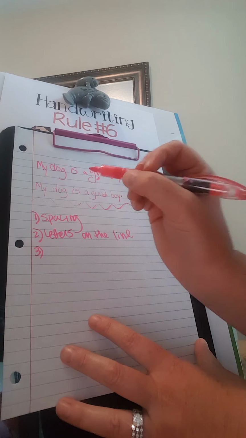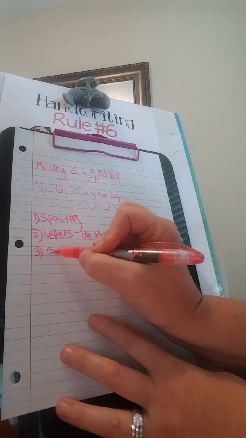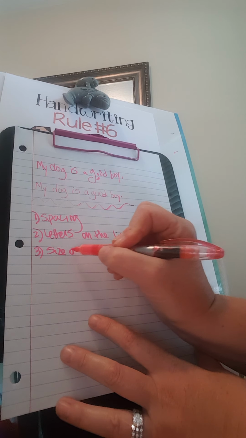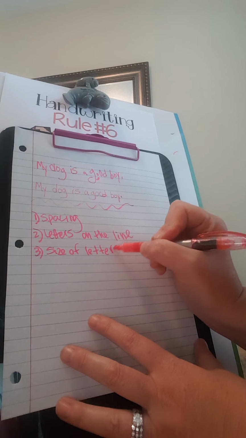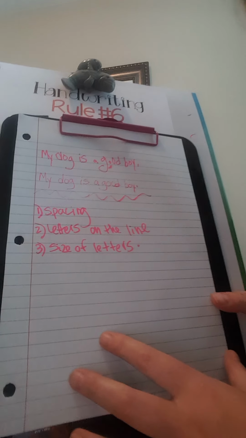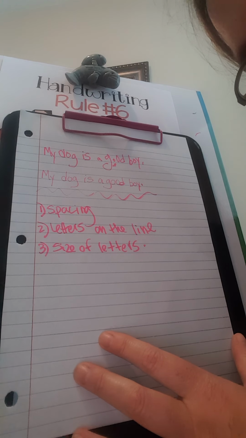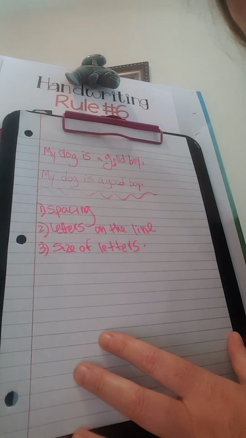And you're going to work on size of letters. Okay? And I'll post this on my Plus Portals page, the video and what I want you to do. If all you have is paper, I want you to write 3 separate sentences, 1 for spacing, 1 for letters on the line, and 1 for size of the letters, and you can either take a picture of that and email it to me.